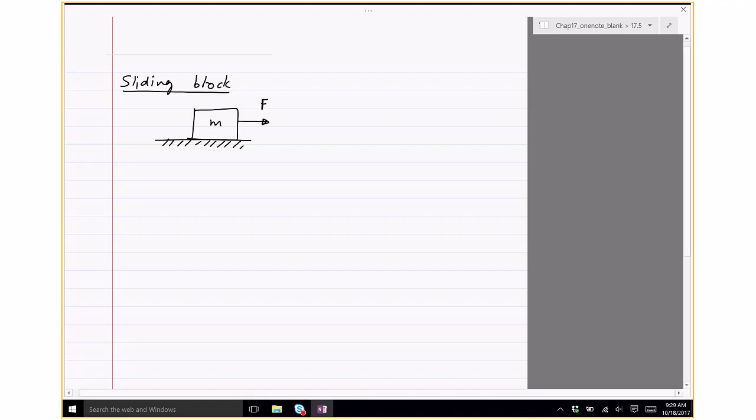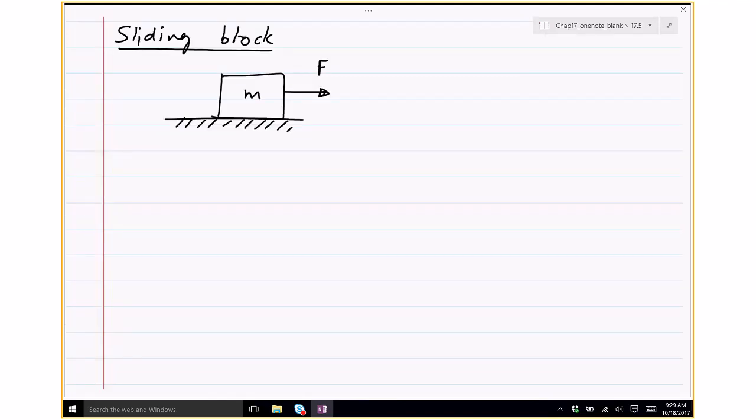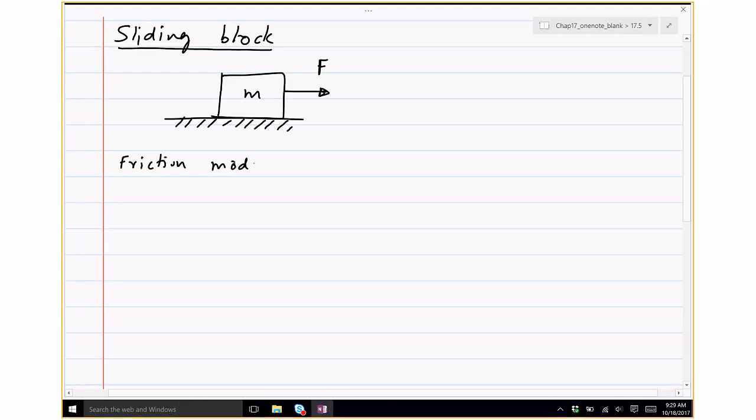Now, the way we model friction, and again, this is a computational model, is that friction is best represented by what is known as Coulomb friction. So the friction model is, if Ff is the friction, then it is mu_s times the normal force.